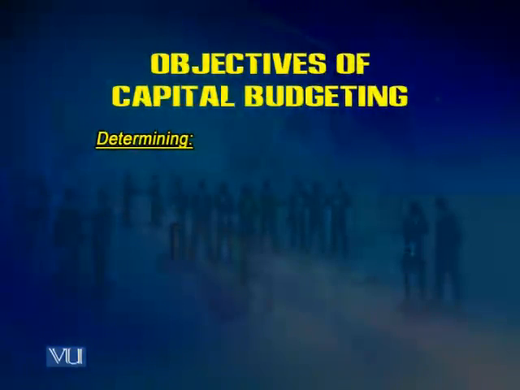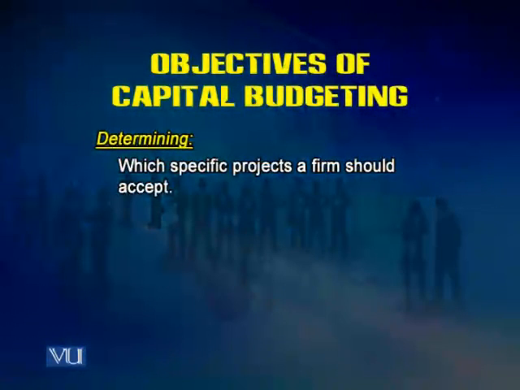Objectives of capital budgeting. We are going to discuss 3 basic objectives of capital budgeting. There are 3 categories of objectives. And these 3 categories are, first of all, determining which specific projects a firm should accept.